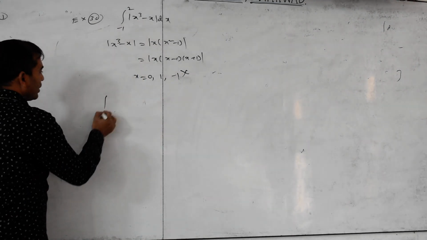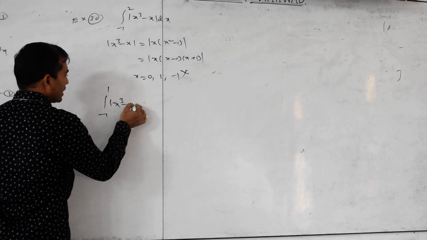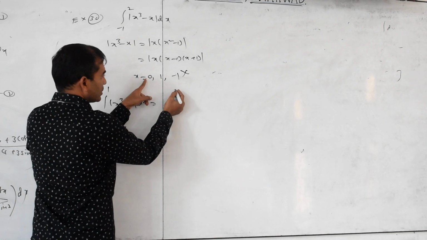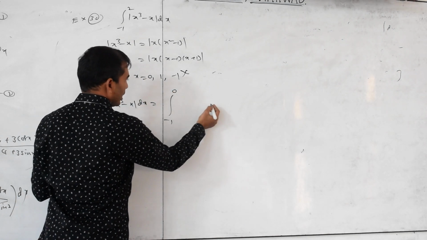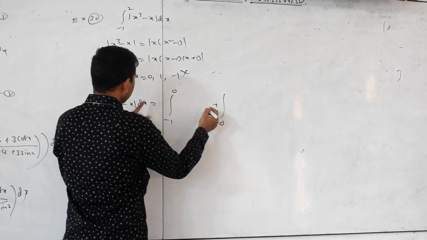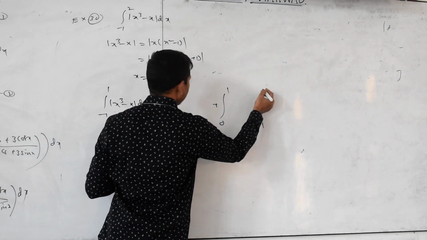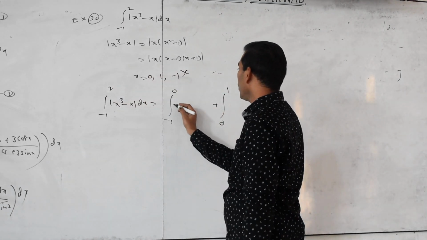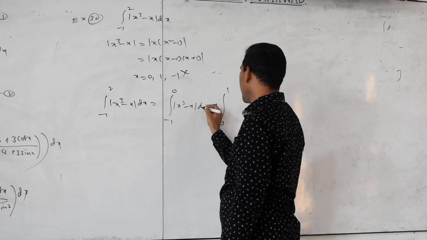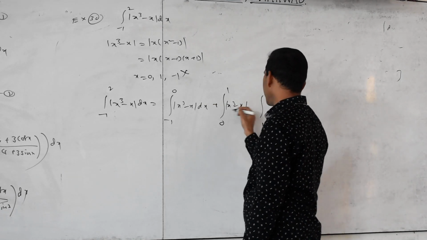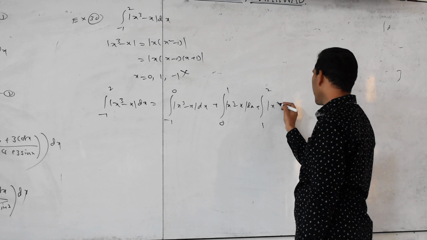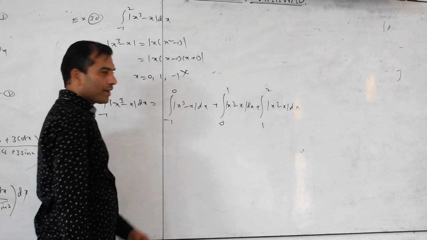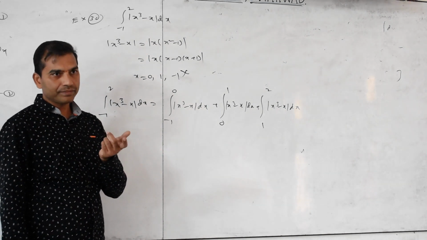So the integral from -1 to 2 of mod of x cube minus x dx equals the integral from -1 to 0, plus next 0 to 1, next 1 to 2, each of mod of x cube minus x dx. Let's verify. For -1 to 0, take one number, -0.1.